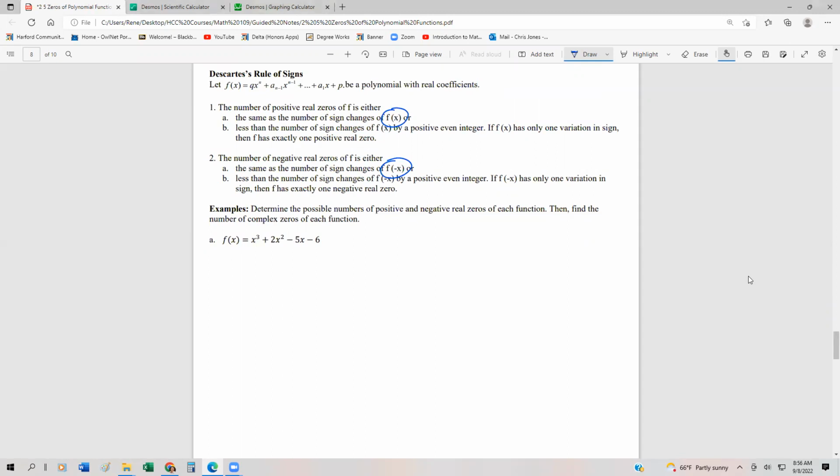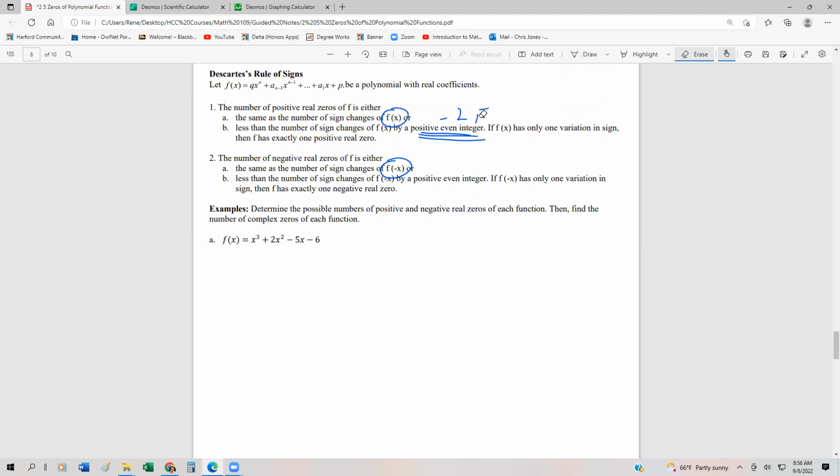And then however many sign changes there are, that is either that many positive or negative zeros, or it's going to differ by a positive even integer. So we're going to subtract 2, subtract 4, subtract 6, etc., until we don't have a negative number.